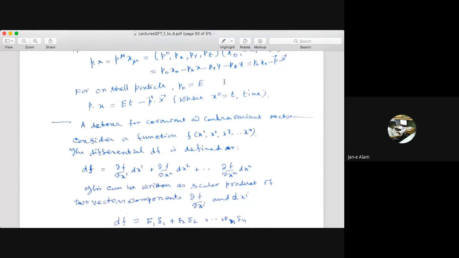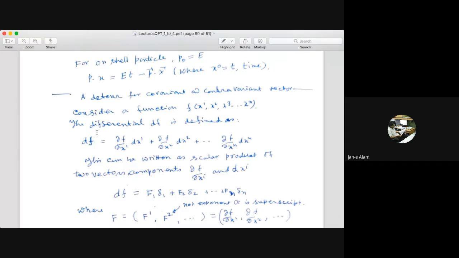So consider a function f which depends on x1, x2, up to xn. Then any incremental change delta f caused by the change in x1, x2, xn is written as the total differential, delta f equals del f by del x1 dx1, plus del f by del x2 dx2, and so on.